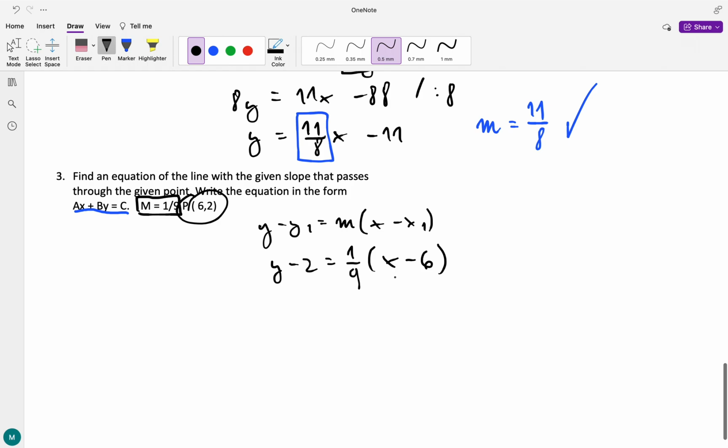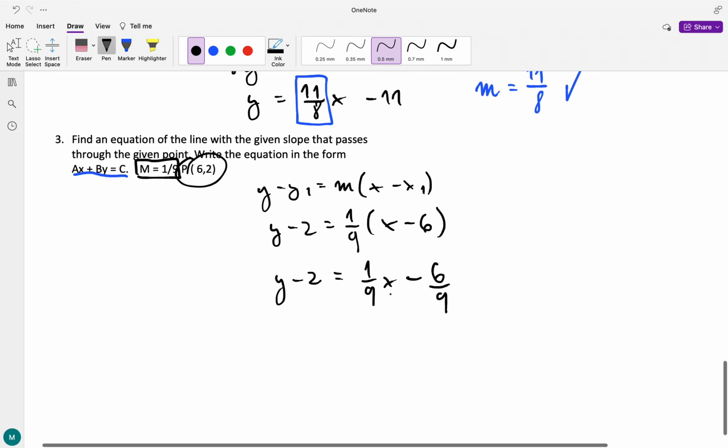Okay, I'm going to multiply the right side first and then add 2 to both sides, because here we're going to end up with fractions, and I want to deal with fractions before we start adding whole numbers. So we have 1 over 9x, and 1 over 9 times negative 6 is simply negative 6 over 9, or 1/3.